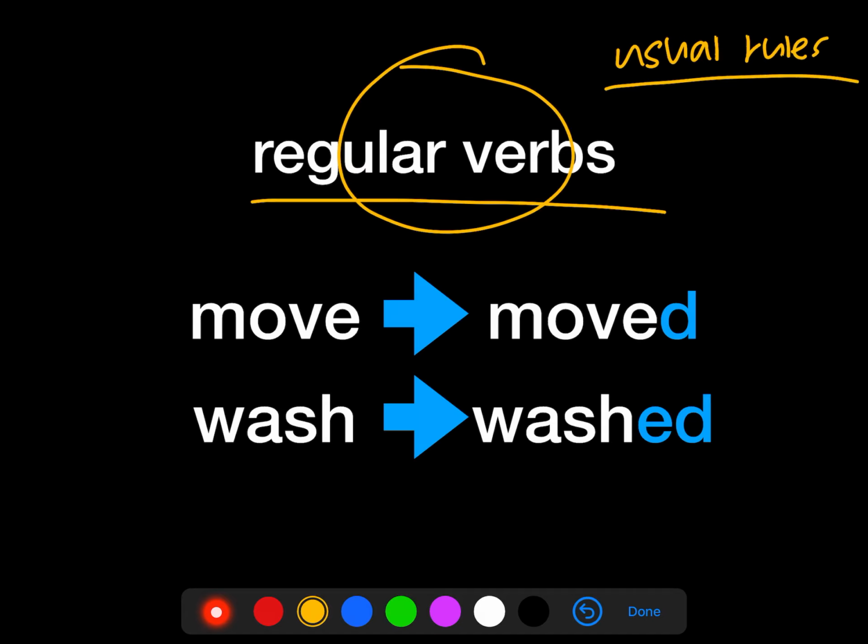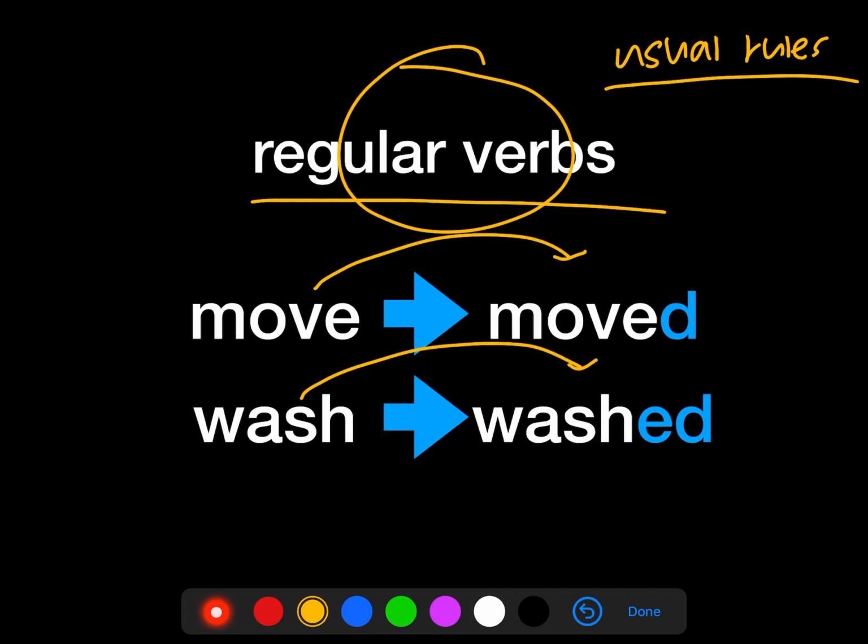We see PP as well. So, in other words, regular verbs change the form of the verb based on the usual rules. In other words, regular verbs are really kind and like to keep the rules.